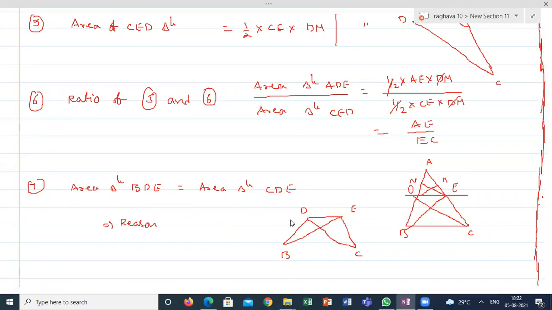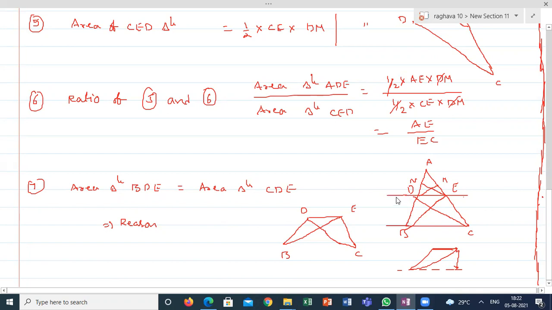Do you remember from grade 8 or 7? Two triangles having the common base and same height. This is the height of the triangles. If I take this triangle with respect to this base, this is the height of the triangle. BC is parallel to DE.